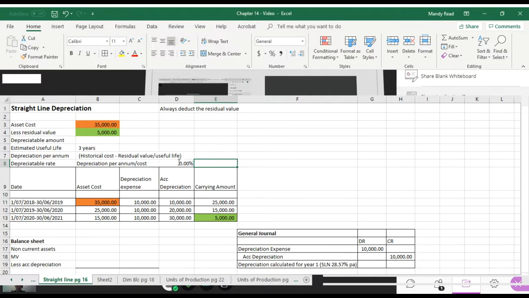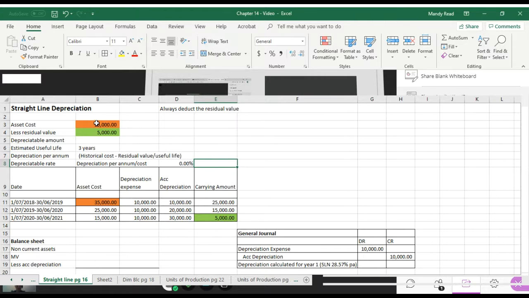So depreciation per annum of $10,000 divided by the cost of the asset of $35,000 gives us 28.57%.